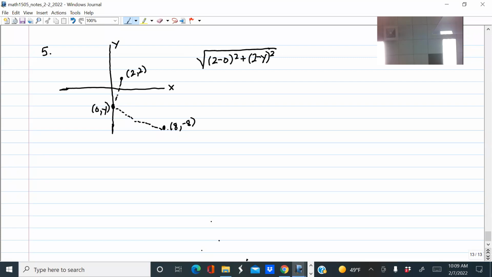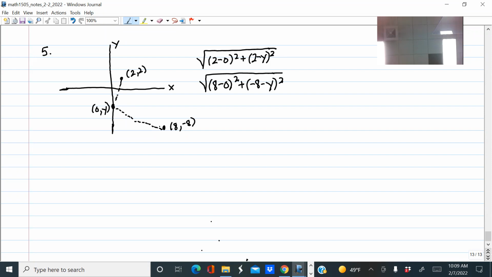And then you also calculate the other distance. So that looks like what? 8 minus 0 squared, the difference in the x coordinate squared, plus minus 8 minus y squared, the difference in the y coordinate squared, and that's this second distance.